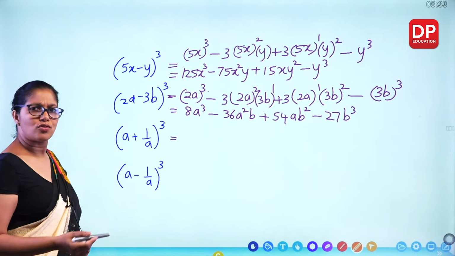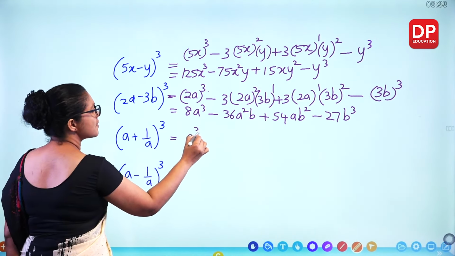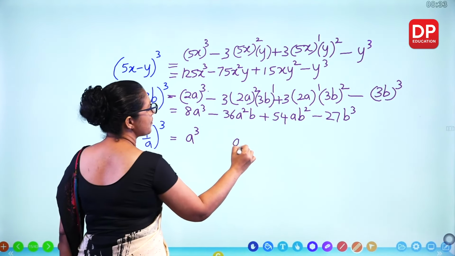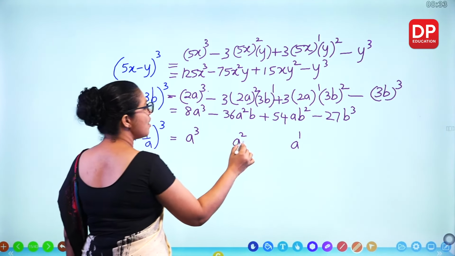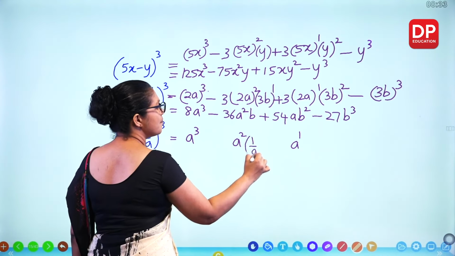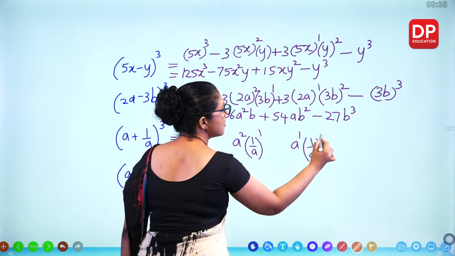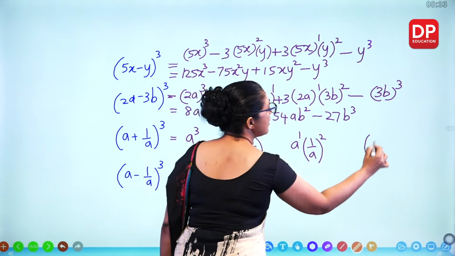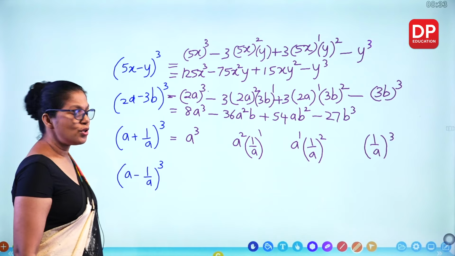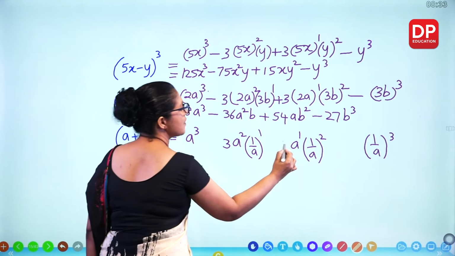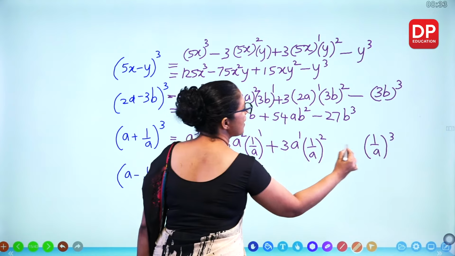This one, this is a fraction. So you use the same procedure. First term, starting with power 3, power 2, power 1. Second term, 1 over a is the term. Power 1, squared and power 3. Then what you do? Put 3 here, 3 here, and this is plus. Plus means all pluses.